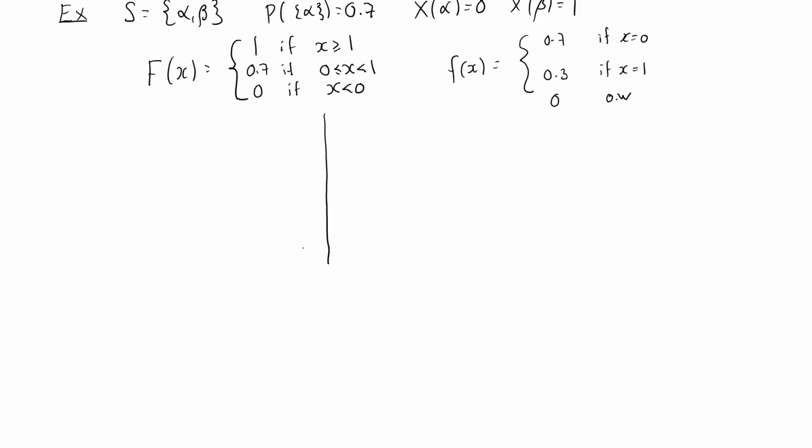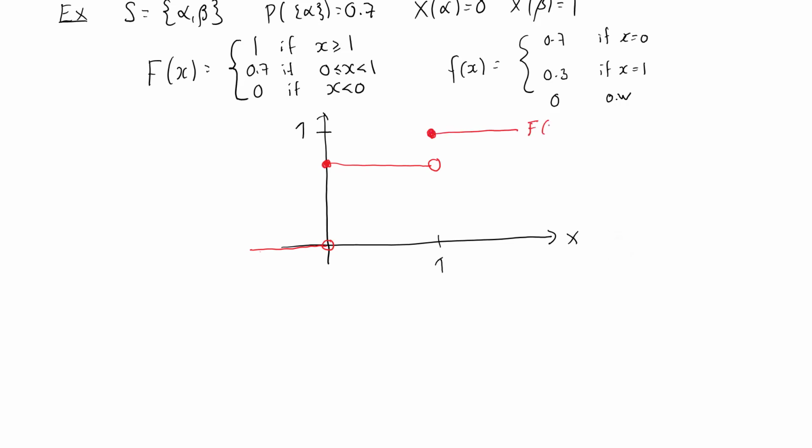The functions look like this. I have x here, -1, 0, 1. The CDF function is 0 until we reach this 0. Then it jumps to 0.7. It stays there to 1. Then it jumps to 1 and it stays there.